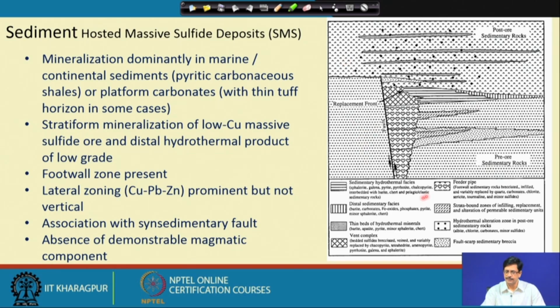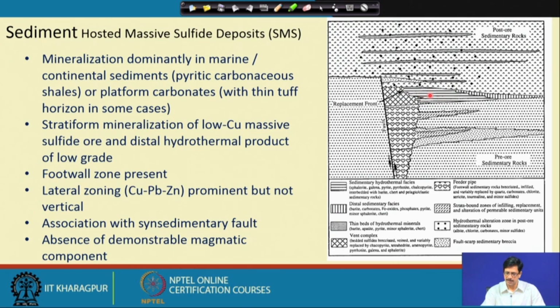Here we see that there is a syn-sedimentary basinal fault which is invariably present, and a brecciated zone which is also present.